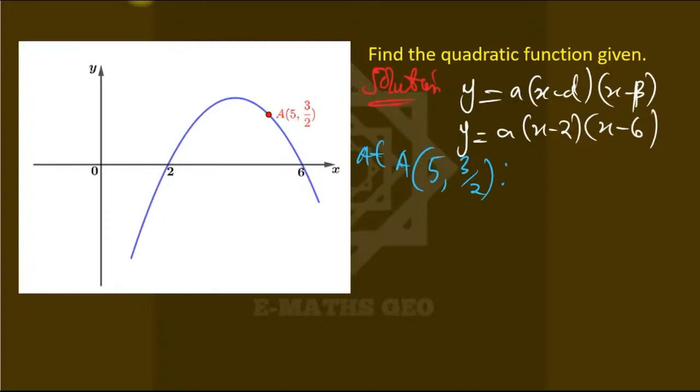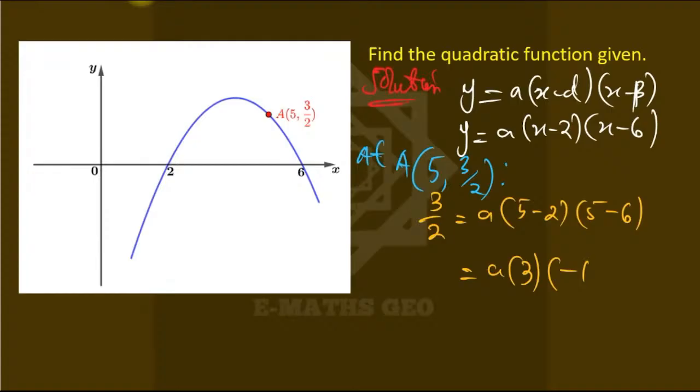So we have 3 over 2, that's our y, equals a, which we are looking for, times (5 minus 2) times (5 minus 6). What do you observe? 5 minus 2 is 3, and 5 minus 6 is minus 1. So 3 over 2 equals minus 3a. Now we solve for a.